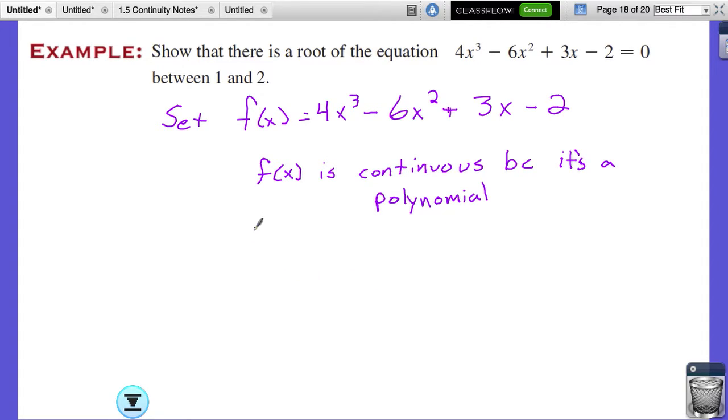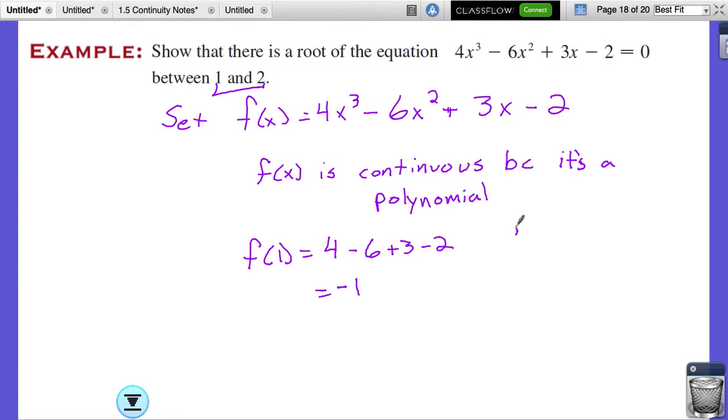The next thing we need to do is find what f of 1 is. What happens when we plug the 1 in? This is our interval we're looking at between 1 and 2. F of 1 would be 4 minus 6 plus 3 minus 2, which would be negative 1. Good with that?